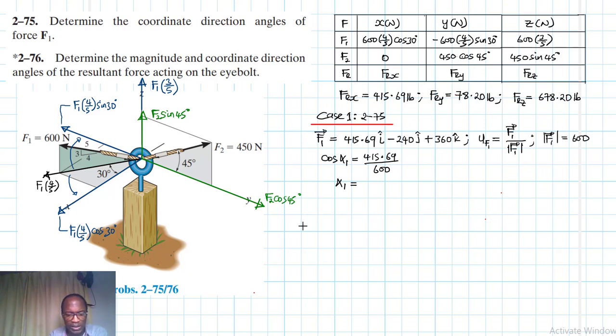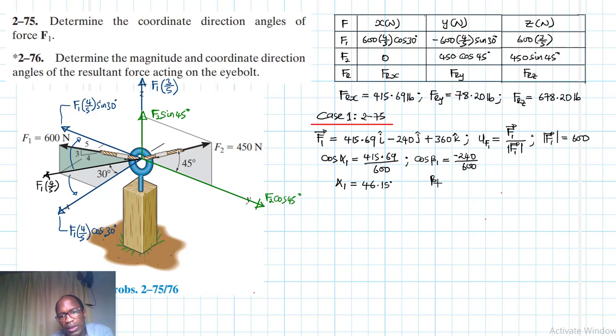cos inverse of 415.69 divided by 600, which gives us 46.15. And then we have cos beta 1 is equal to minus 240 divided by 600.